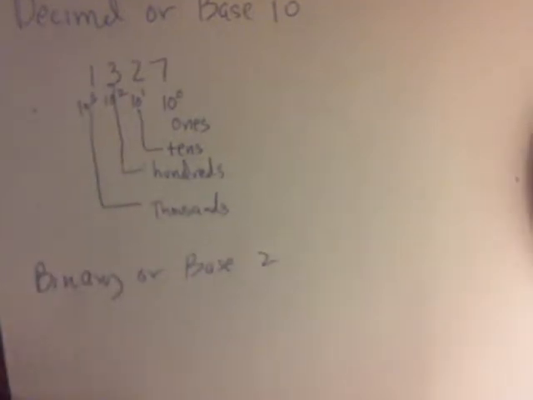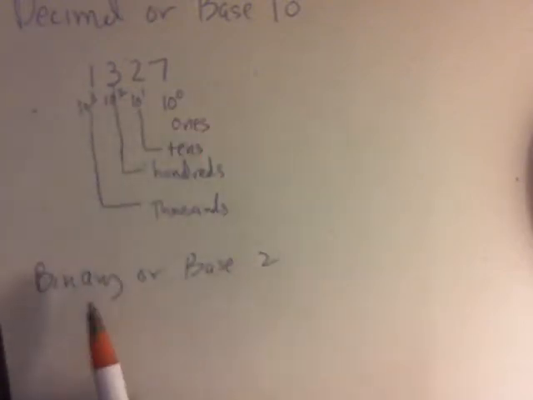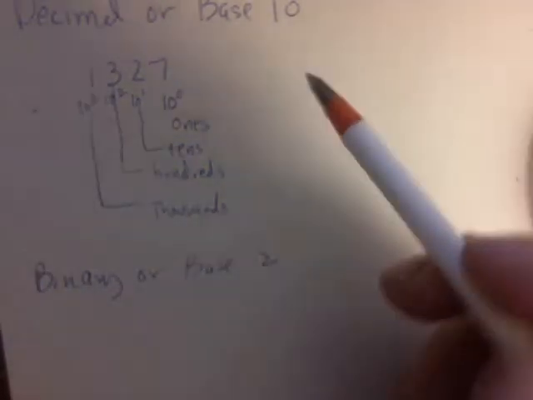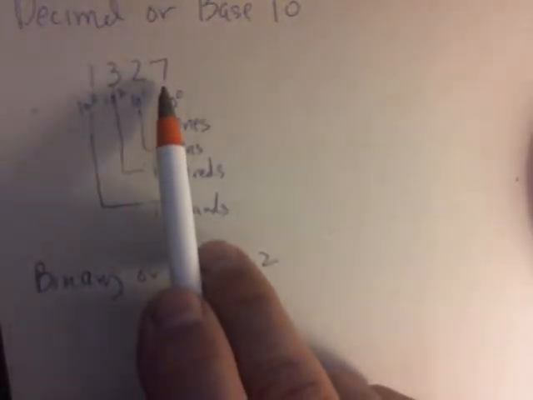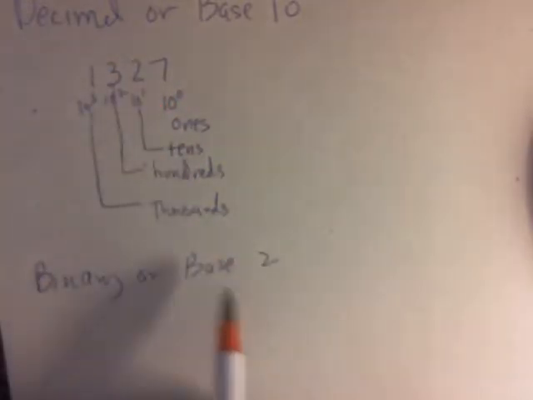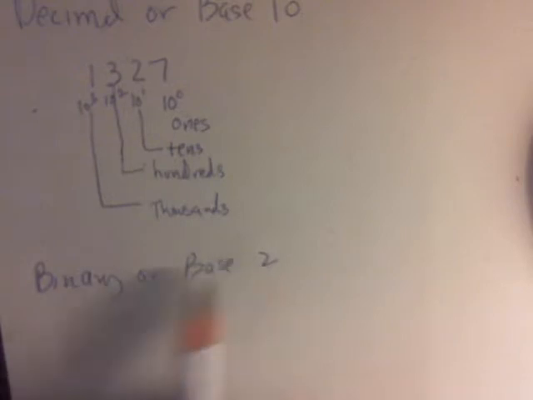If you think about decimal and base 10, with each place value being a power of 10, well, binary, base 2, is each place value being a power of 2. And also, in our number system, base 10, you can never have a digit bigger than 9. So we have 0 to 9 for each place value. Well, in binary, you cannot have any digits bigger than 1. So that's why a binary number looks so funny, because it's all ones and zeros.